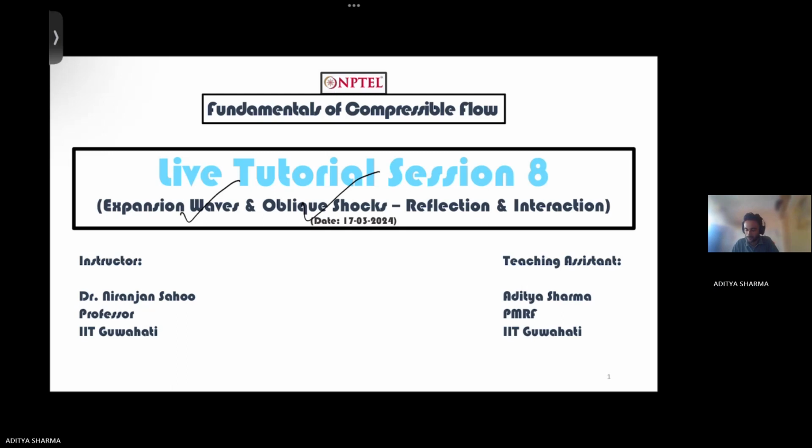Let's move forward then. In this session I have also included one more slide on a doubt from the previous session. So at the end of this session, we shall try to look into it.